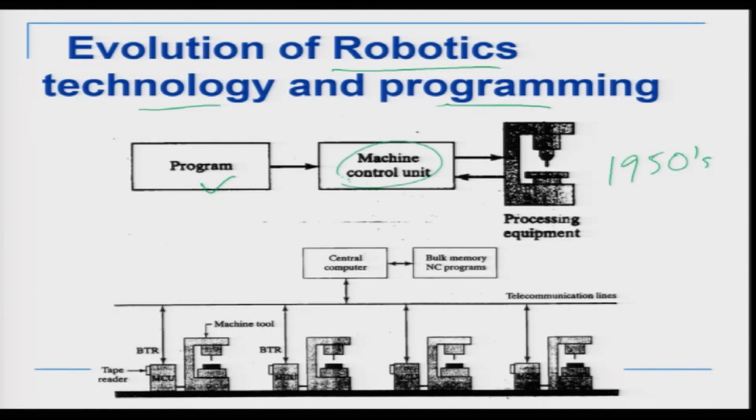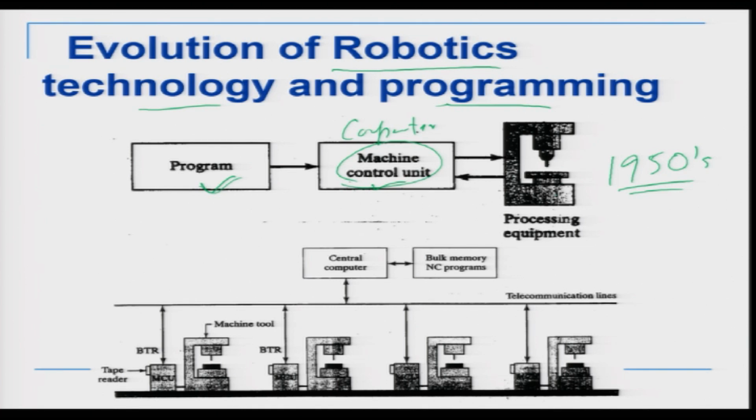The essential feature was that we had a program which was controlling a computer. So the machine control unit is basically a computer here, which was controlling a machine tool. In this case, it's an NC machine. Now this can also be a robot, it's exactly the same. So in the early days, the 1950s, this was the basic structure: one program was being run on a computer which was controlling a machine.